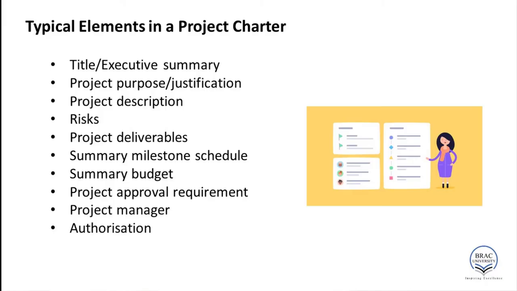The typical elements in the project charter involve a title or an executive summary, then the project purpose or justification of the project, a project description, key risks, project deliverables, summary milestone schedule, summary budget, project approval requirements, and a discussion about the project manager and authorization.